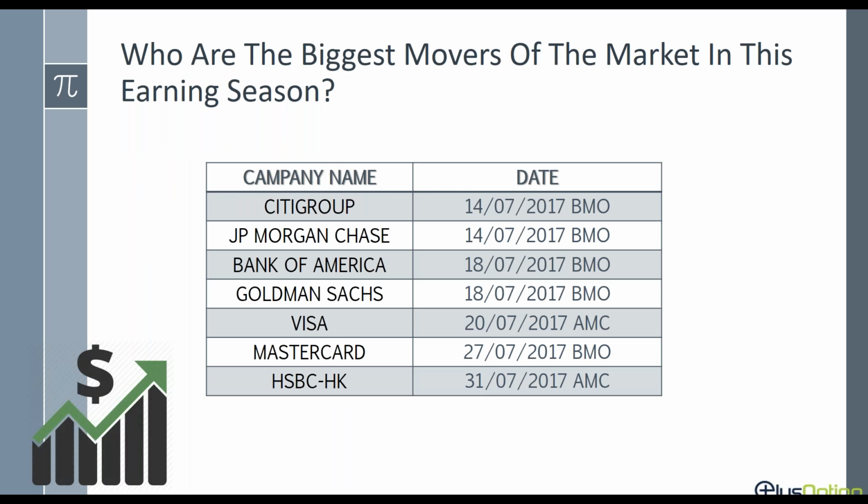The second thing that I want to talk about is the most important thing right now, basically what everybody is talking about. From tomorrow, we will have the beginning of the earnings season in the United States market. The first major banks will report, with Citigroup and JP Morgan, tomorrow before the American market opens. That means we will want to trade on Citigroup and JP Morgan.